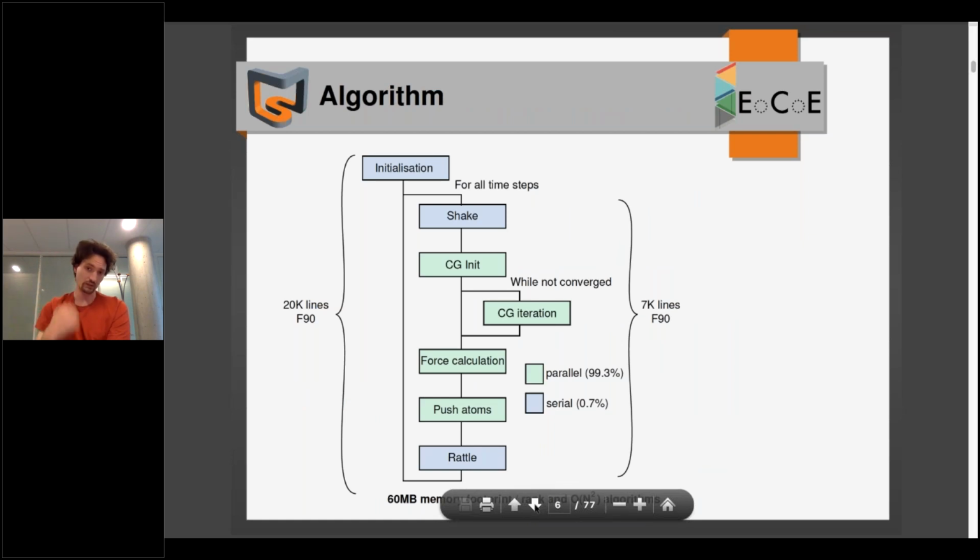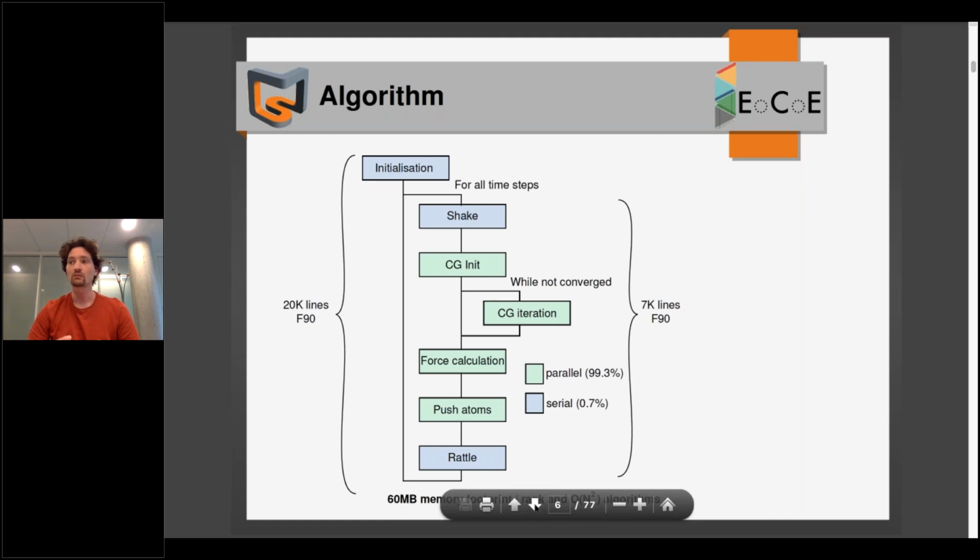What we're interested in, at least my job on the code, is to make it faster, and we are working at the algorithm level. In total, the code base is about 20,000 lines of code, and the really intensive part that really requires HPC is pretty small. That's about 7,000 lines.